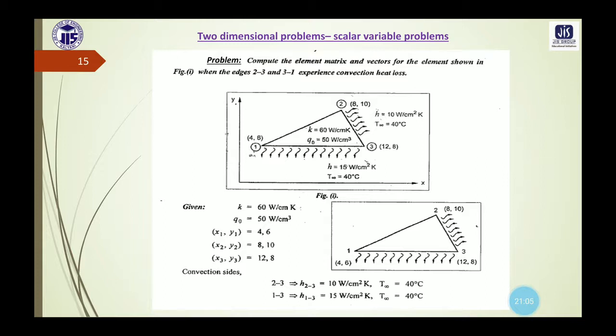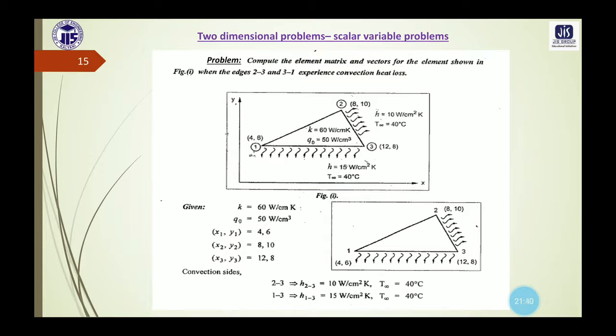So let us first write the coordinates for the nodes given in this numerical. The thermal conductivity is given, K equals 60 watt per centimeter Kelvin, and Q naught is 50 watt per centimeter cube. Corresponding to node 1, x1, y1 is 4, 6. Corresponding to node 2, x2, y2 is 8, 10.